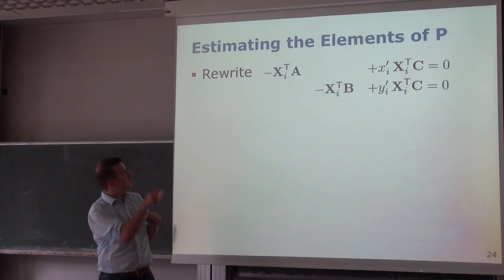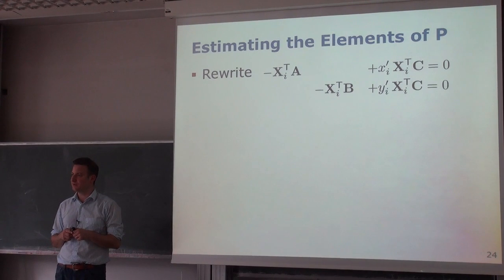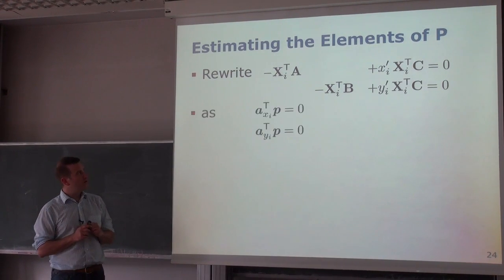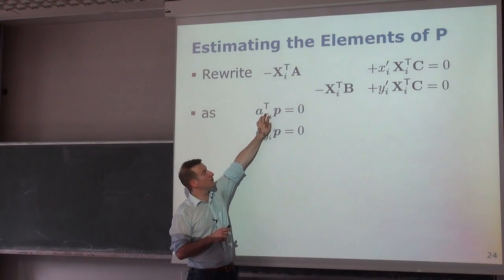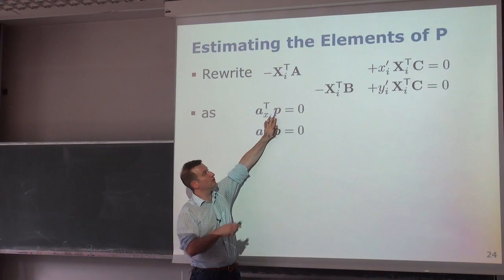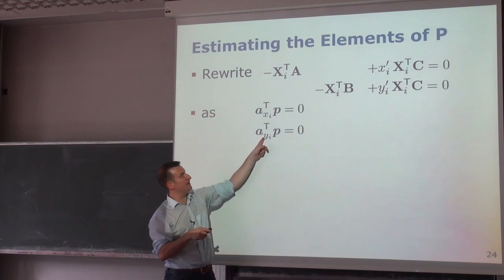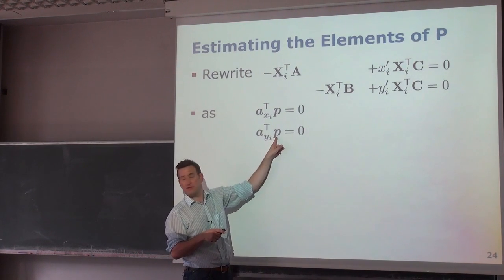And that means we can rewrite our system of linear equations in a special way, with two equations: a vector A transposed times P, where P contains all the elements in A, B, and C, and a second vector A for the y coordinate times the same vector P equals 0.